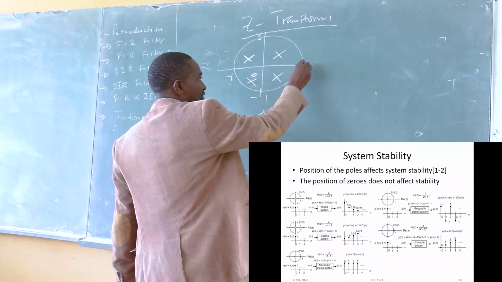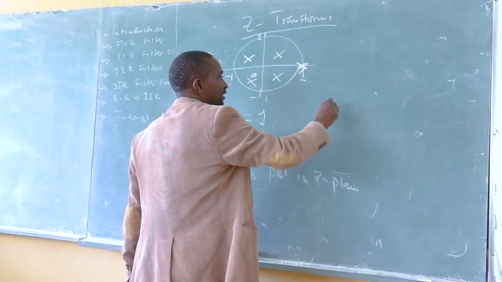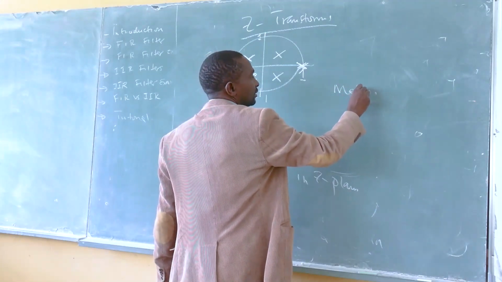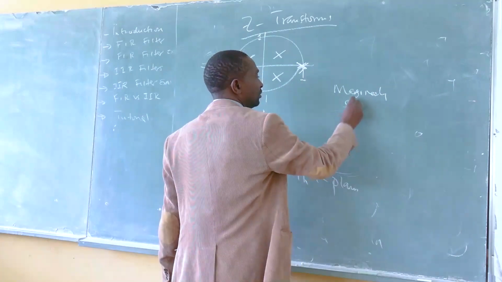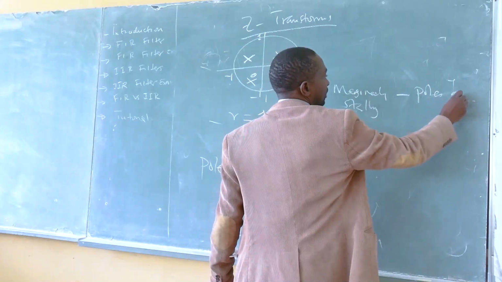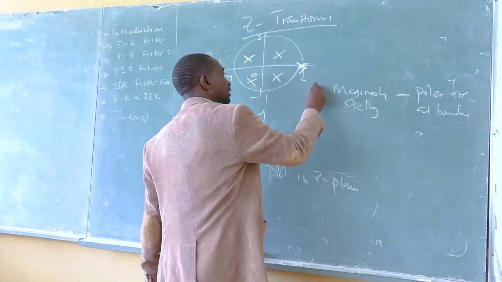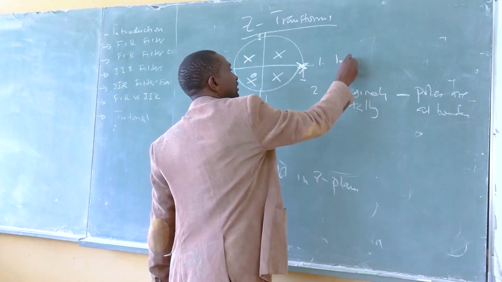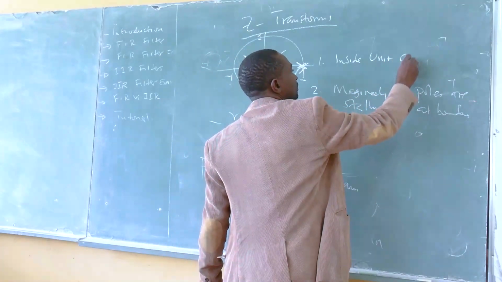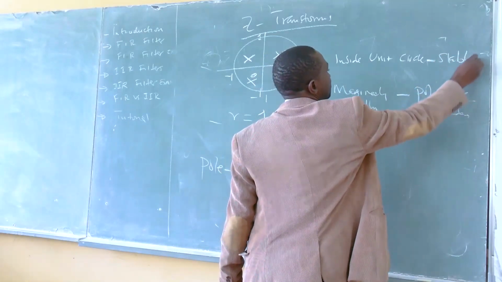But if the poles are right at the boundary, we say the system is marginally stable. That's number 2. When they are inside the unit circle, we say the system is stable.